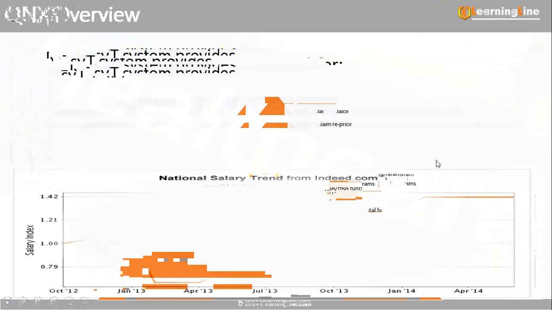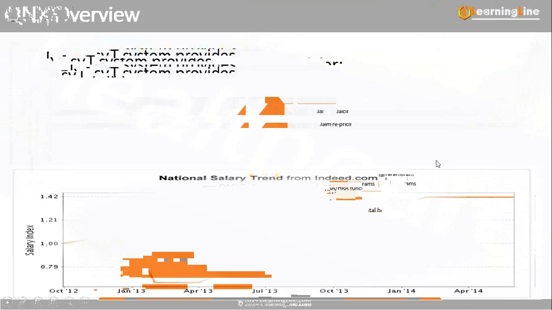Then let's look at the market. Just see that graph and see how high it has gone from April 2013 to April 2014, within a year's time frame. The market has grasped QNXT very well and responded very well on the QNXT side.